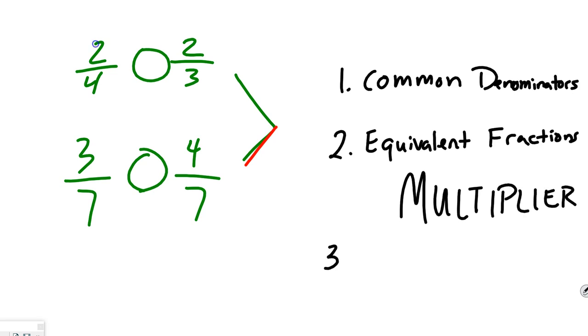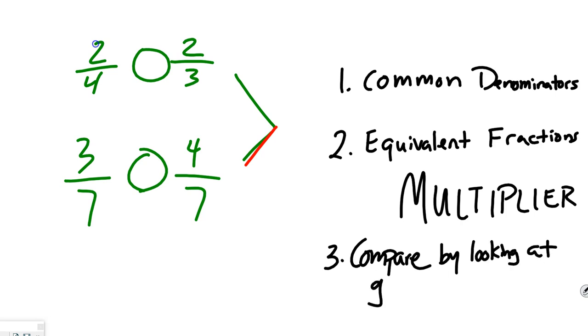And then 3, you compare by looking at the greater numerator. There are many other ways to compare, but this is what I want you to focus on now. This is comparing with common denominators.